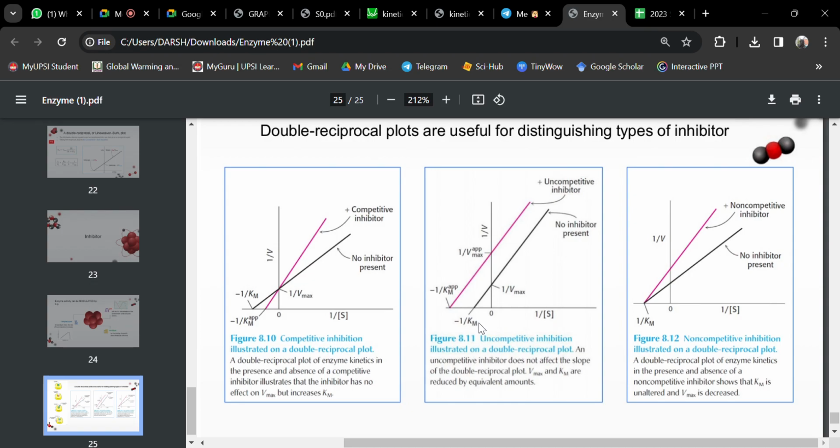Macam tu. Kalau misal kata yang non-competitive ni, they share the same Km. Tengok affinity, nampak tak tu? But then they have different Vmax. So ini punya cerita pula, dia tak compete for the same active site.